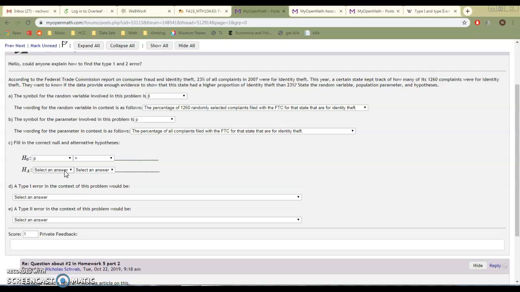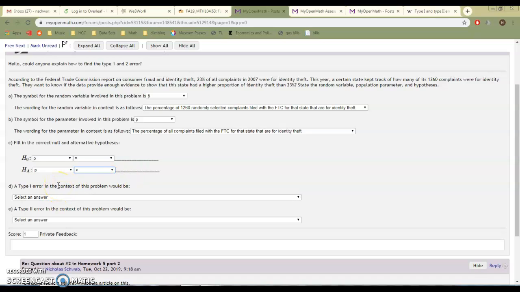And then the state wants to know if the data provide enough evidence that their proportion is bigger than that 23%. So anyway, I would type in 0.23 here, but I can't.